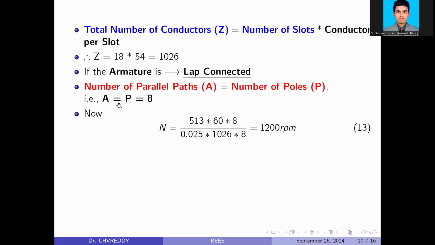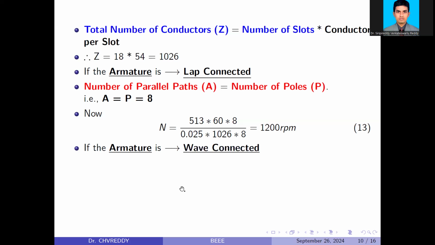Here the condition is A equal to P equal to 8, that is 8, divided by the flux value they are given, that is 0.025, then the Z value, the total number of conductors, that is 1026, into the P value, the number of poles, that is 8. After simplifying this, you will get 1200 RPM, that is the N value, for the lap winding condition.